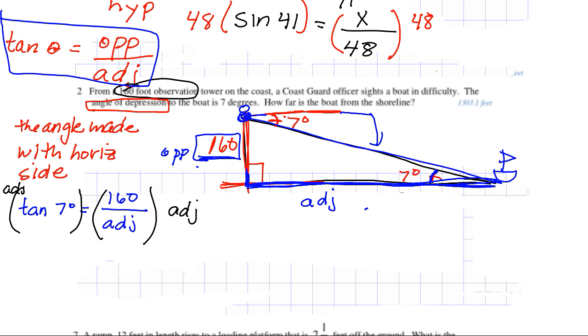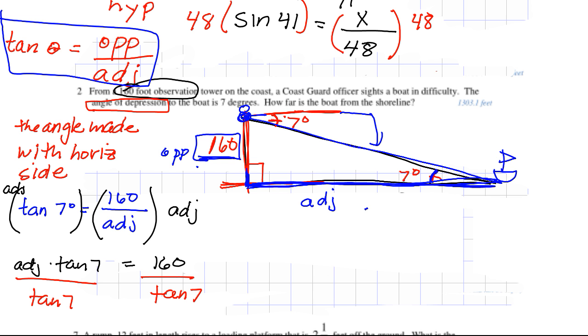So next step, the left side of my formula says adjacent times tangent is equal to 160. Then I have to divide both sides of the equation by the tangent of 7, so that the length of the side adjacent is equal to 160 divided by the tangent of 7.